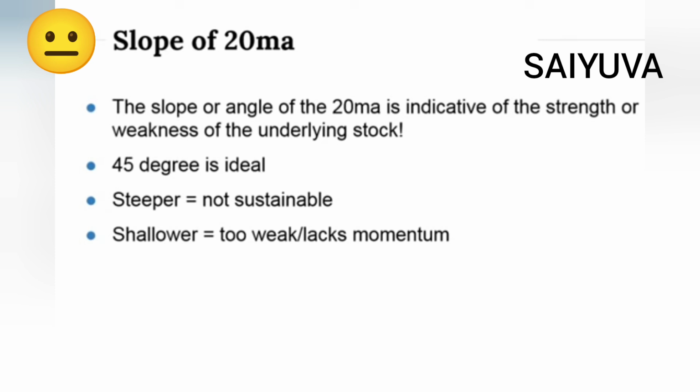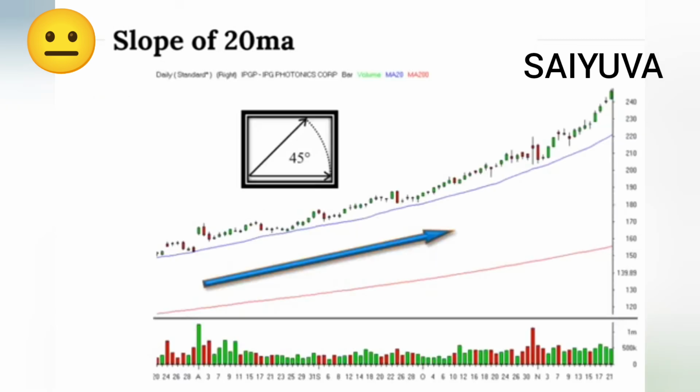So we talked about the direction of the 20 MA. We talked about how it's also used in transitions, transition A and C. We talked about some basic guidelines and information about how the moving averages need to be consistent across multiple time frames, the color, and the type of moving average that you use.